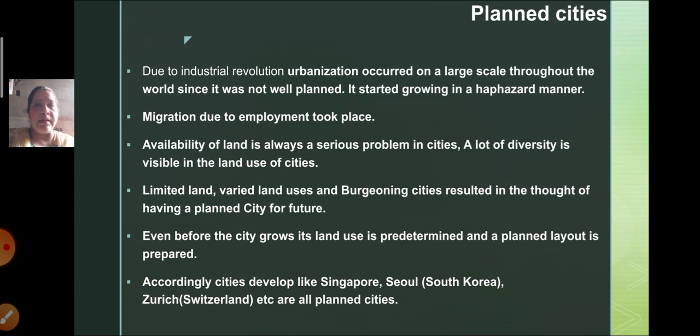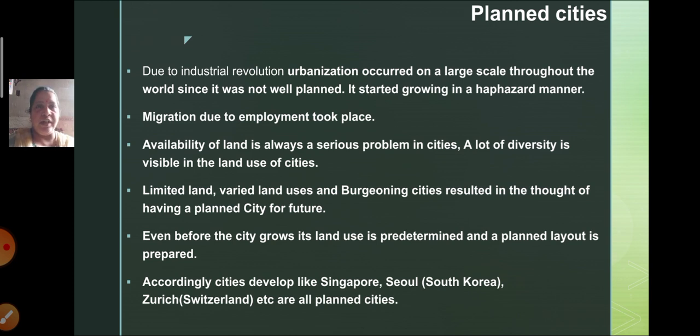Okay children, let's continue. Planned cities. Now let's see what these planned cities are. Certain cities are planned out first and then they are brought into being. Suppose a place is there where an industrial revolution has taken place. Due to the industrial revolution, urbanization occurred on a large scale throughout the world.